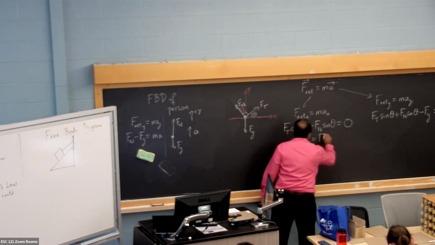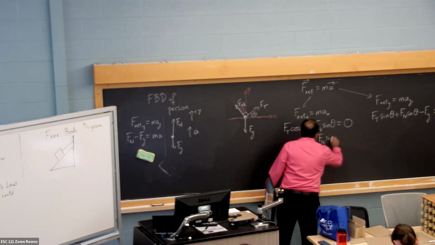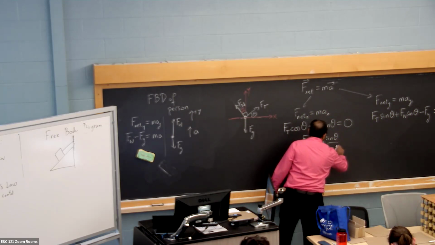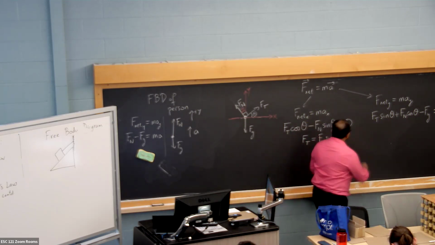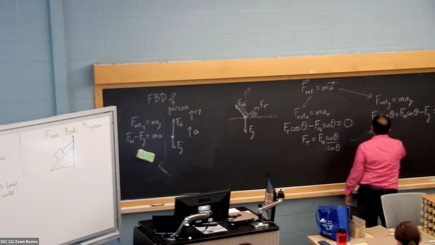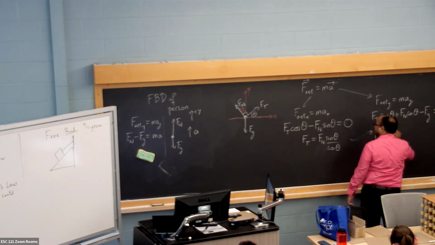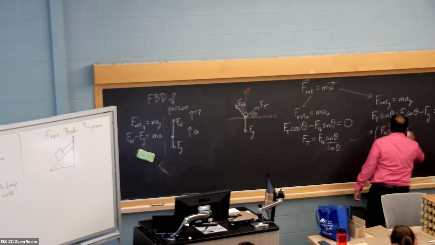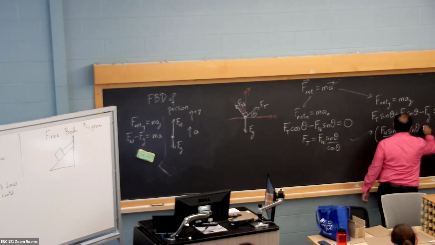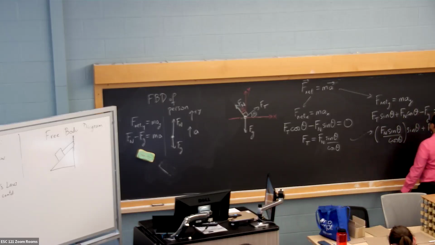I can say Ft is Fn sin theta over cosine theta. And then plug that in over here. So plugging in for Ft, I would have Fn sin theta over cosine theta times sin theta, and then plus Fn cosine theta and minus Fg equals 0.